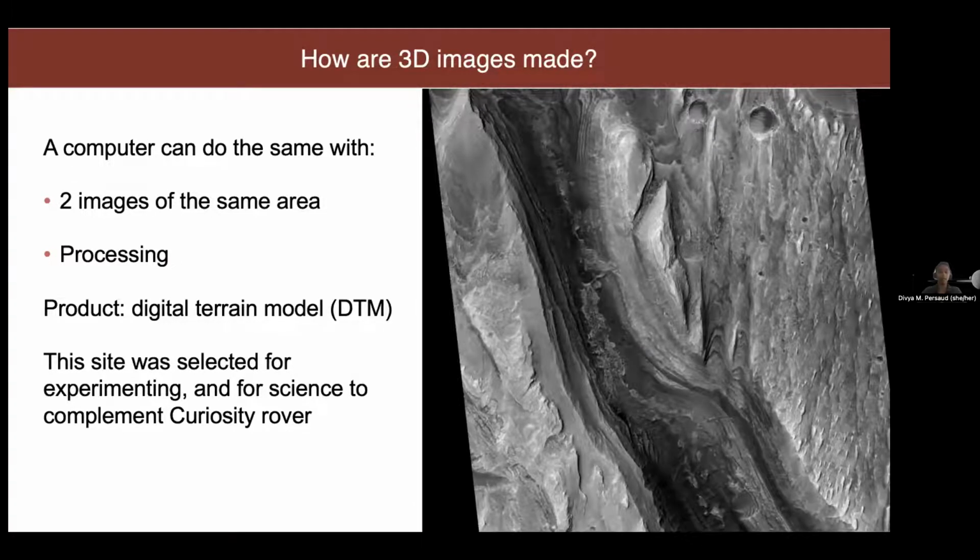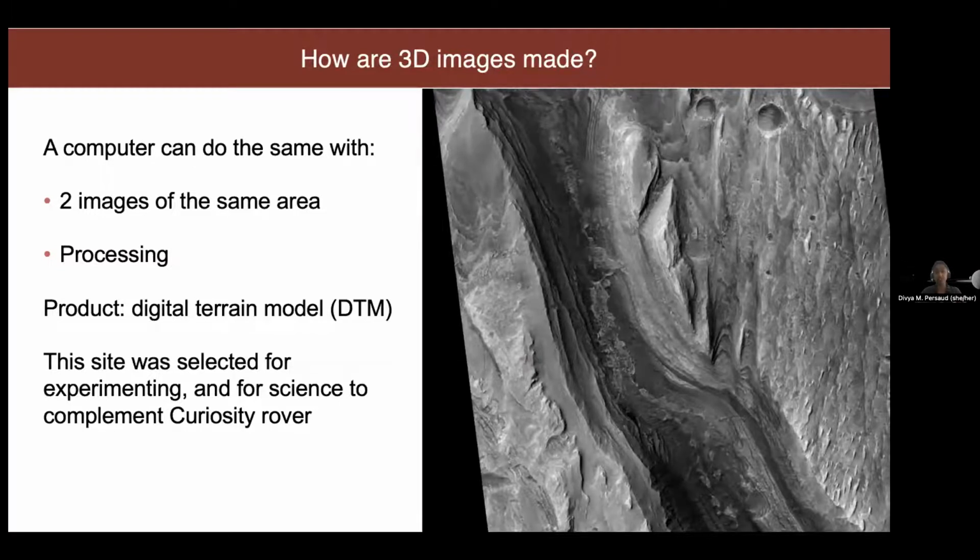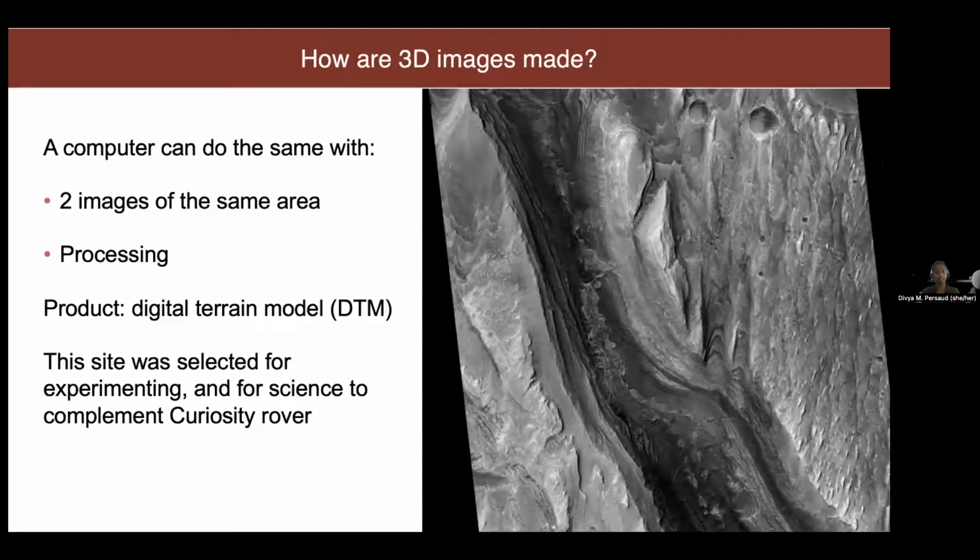So this is one technique for getting a 3D image called photogrammetry, and that is taking two images, which are called stereo images. We understand the satellite pointing at each of those spots. We understand its altitude, the angle of the sun, the angle of the satellite relative to the sun, and some other parameters.